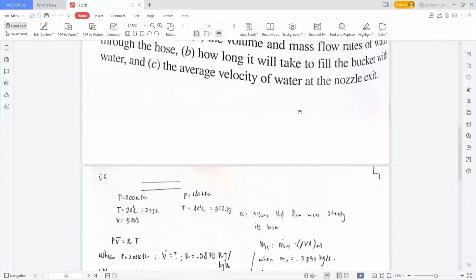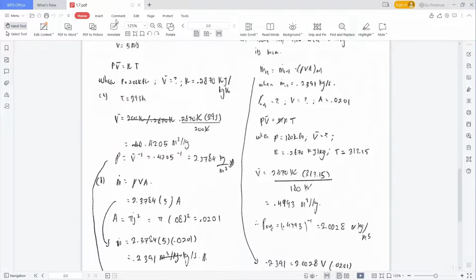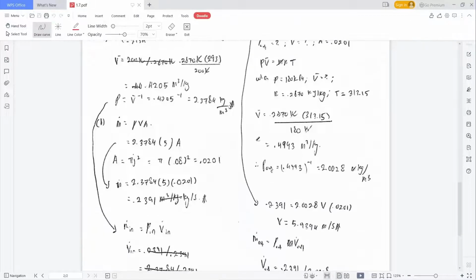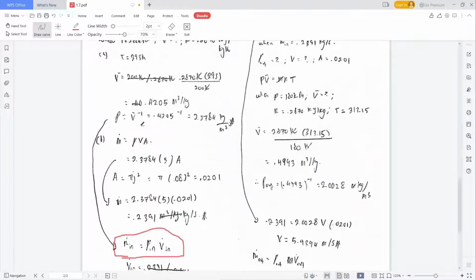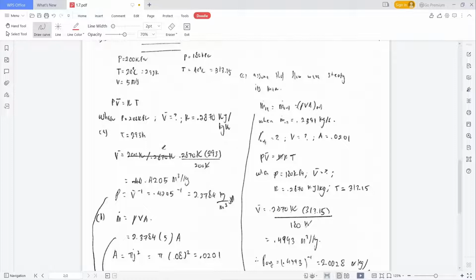So essentially there is a formula for the volume flow rate. Mass flow rate in equals rho in, which refers to the density of air at the inlet, times the volume flow rate at the inlet. We don't know the density or the mass flow rate, so we need to calculate them.